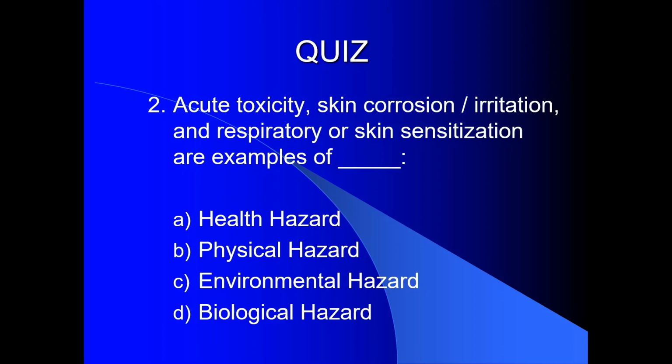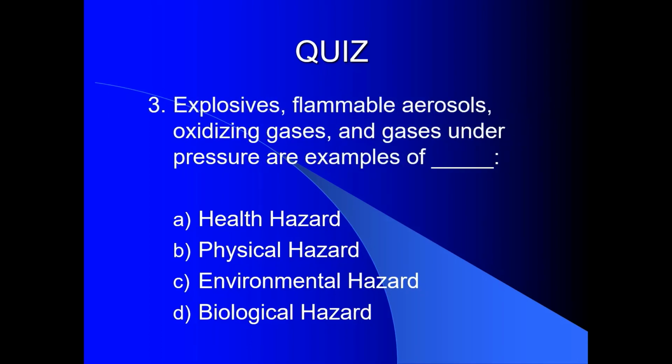A, health hazard, B, physical hazard, C, environmental hazard, or D, biological hazard. Question 3. Explosives, flammable aerosols, oxidizing gases, and gases under pressure are examples of blank. A, health hazard, B, physical hazard, C, environmental hazard, or D, biological hazard.